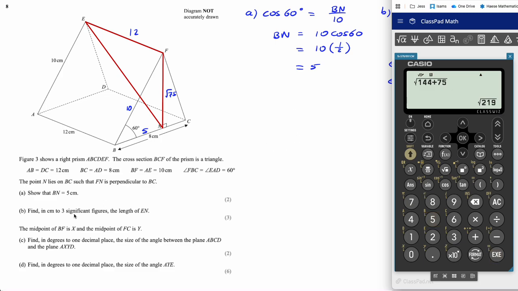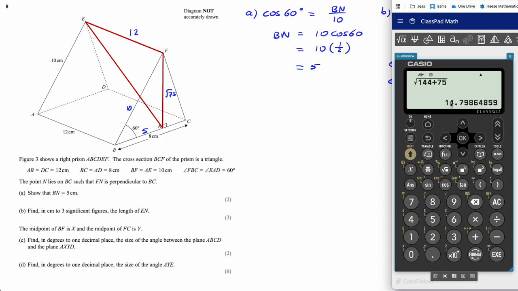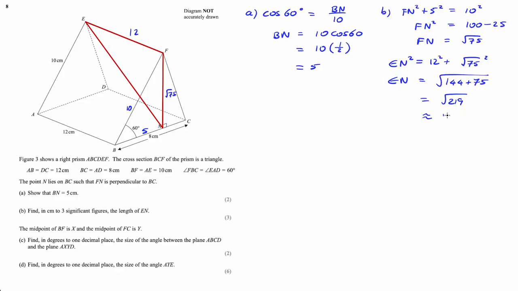Now he wants it to 3 significant figures. So it's root 219, which is approximately equal to 14.8. 14.8. I hope is right, guys. 14.8.